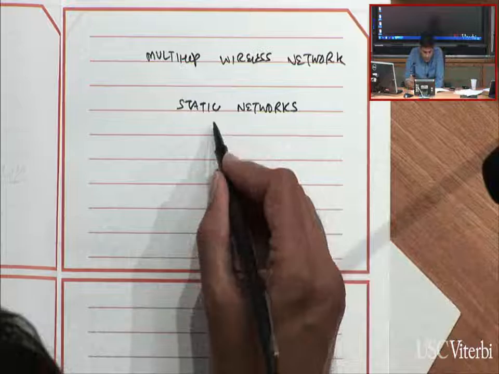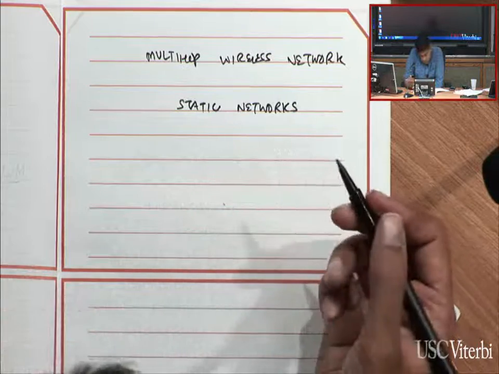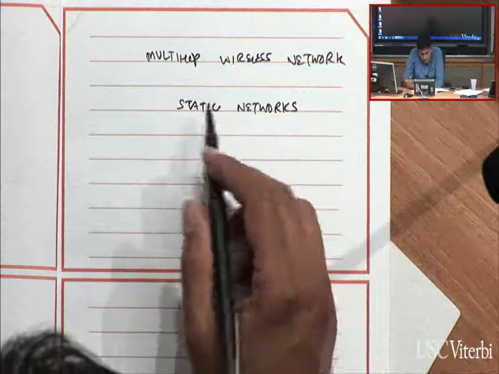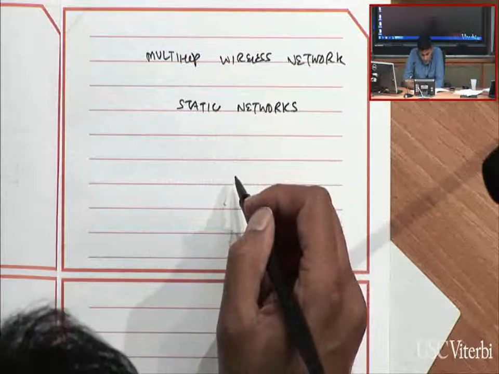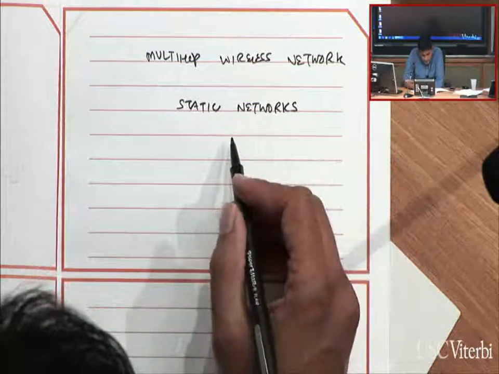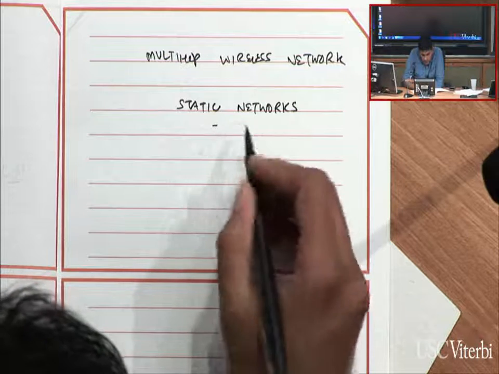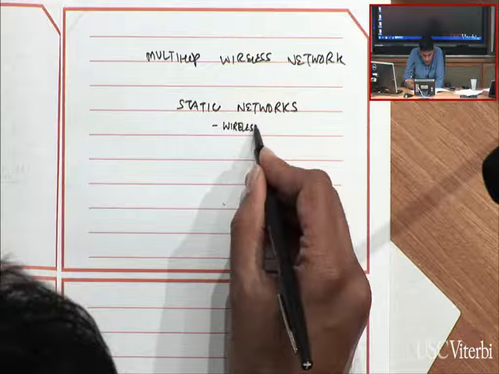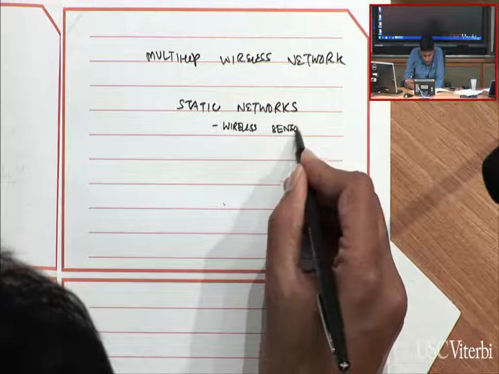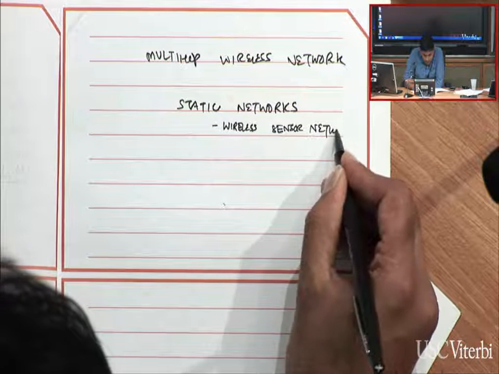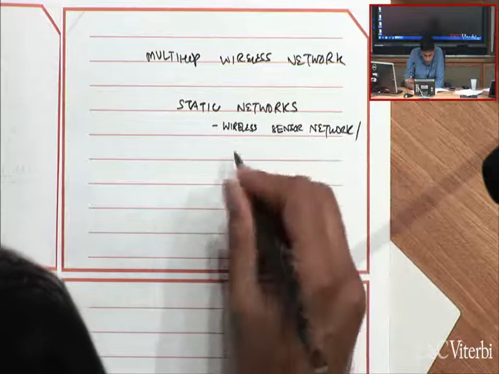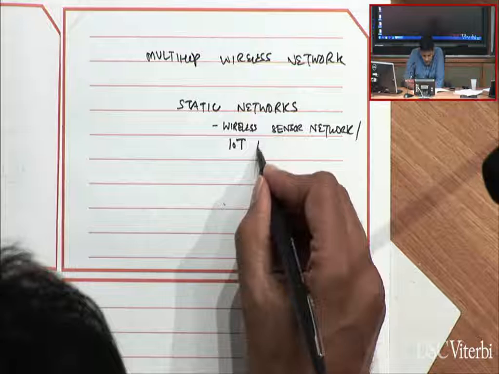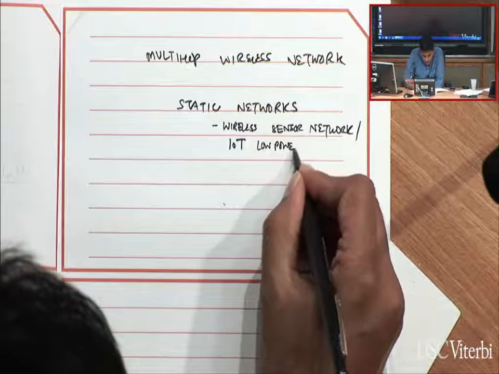And there are two or three different classes of multi-hop wireless networks which have this feature. One is a class of networks that is sometimes called a wireless sensor network. And more broadly these days, these types of networks are being referred to as IoT, low-power networks.